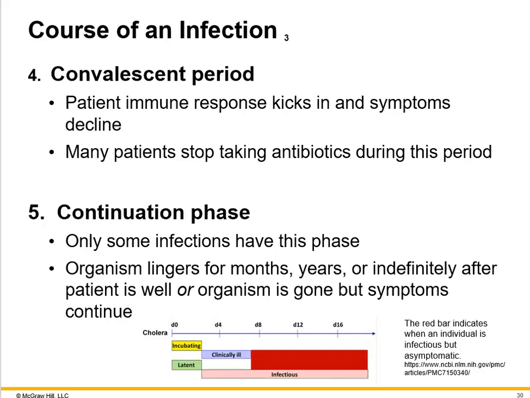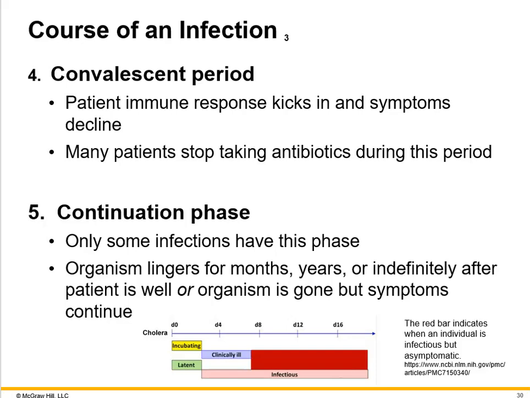An example of what can happen during this phase is the case of the United Nations peacekeepers who were asymptomatic for cholera and went to Haiti to assist the people of Haiti after an earthquake.